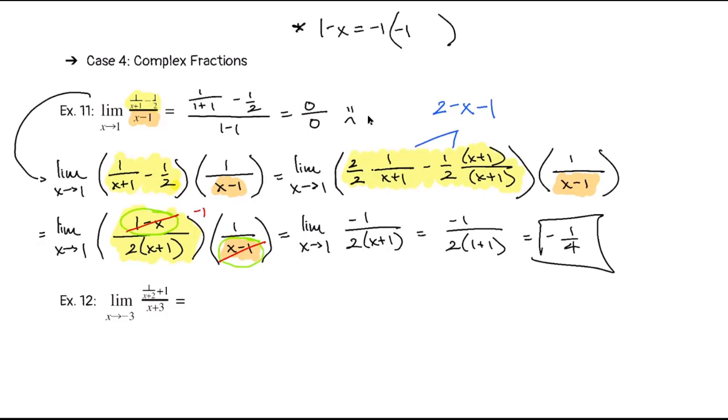Well, I get negative 1 plus x, right? And another way I could write that is negative 1 times x minus 1.